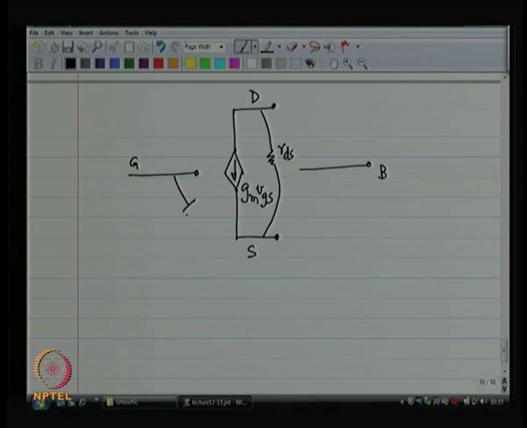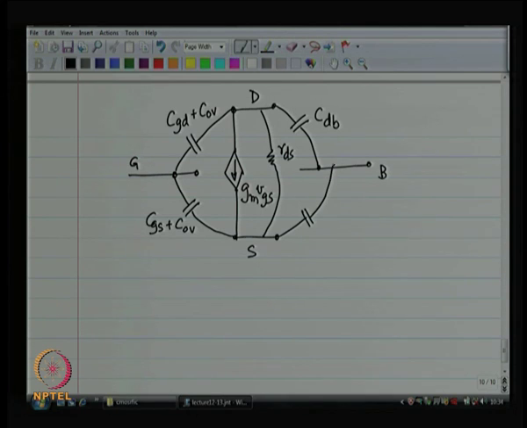Between gate and source, I have got a capacitance, which is the sum of overlap, which is intrinsic, and CGS, which can be changed with the bias voltages. Similarly, between gate and drain, I have got a capacitance, and then between drain and body, I have got a capacitance, and source and body, I have got a capacitance.